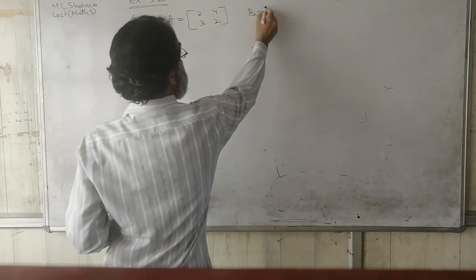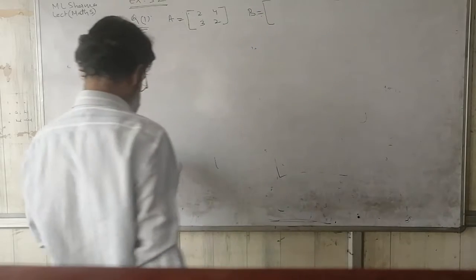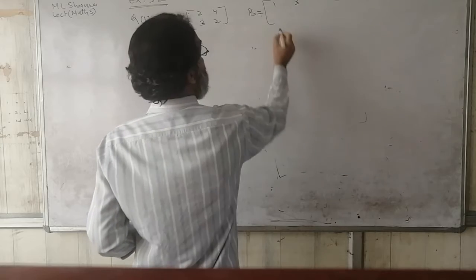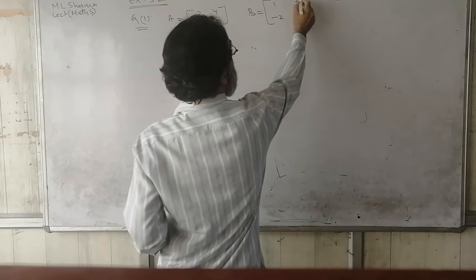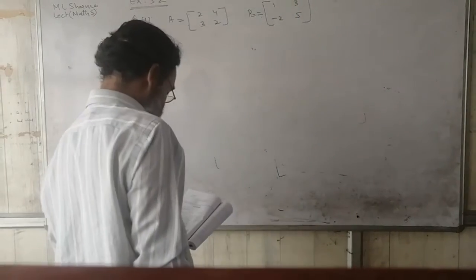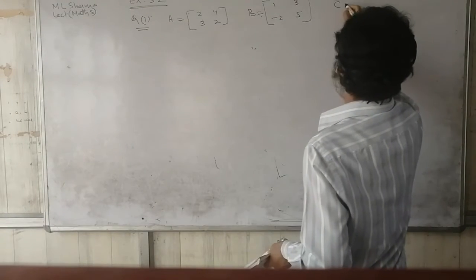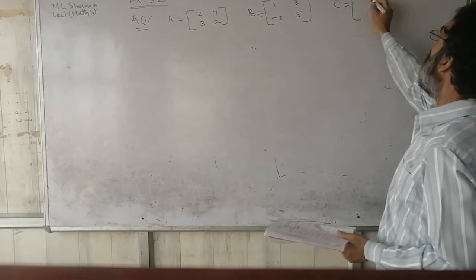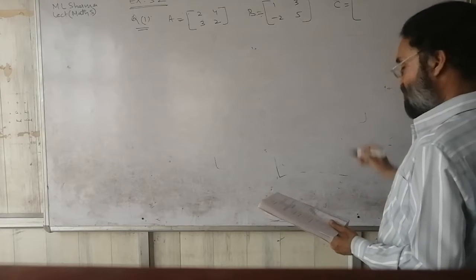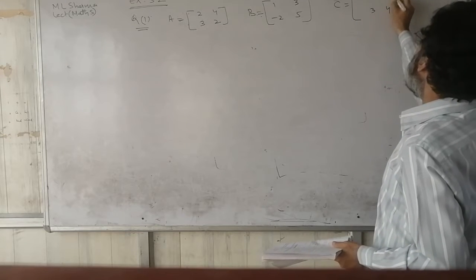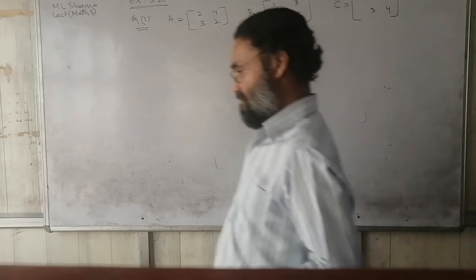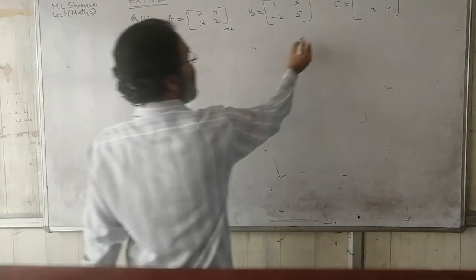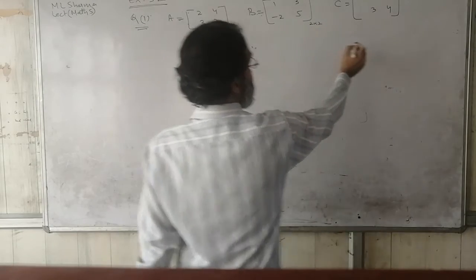Another matrix B, its elements are 1, 3, minus 2, 5. Another matrix C is also given, and elements are 2, minus 2, 5, 3, 4. So the three matrices are of 2 by 2 order each.